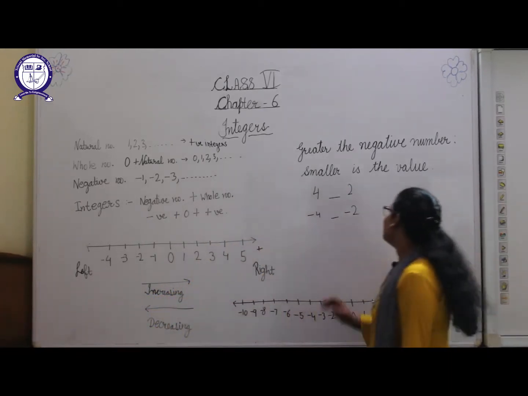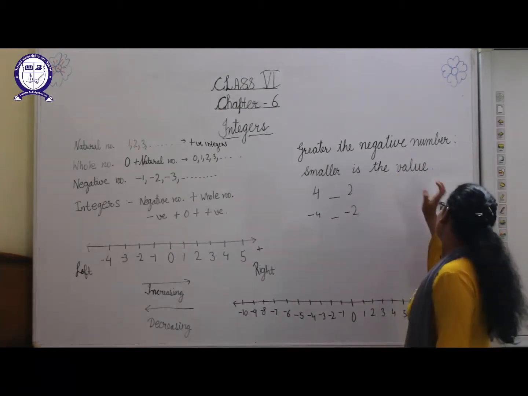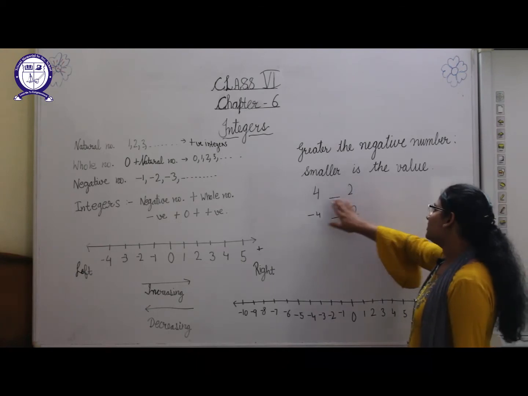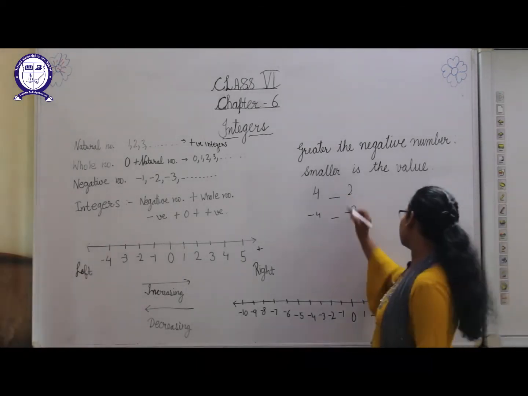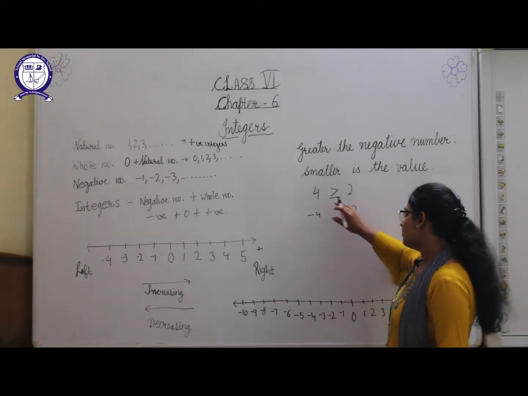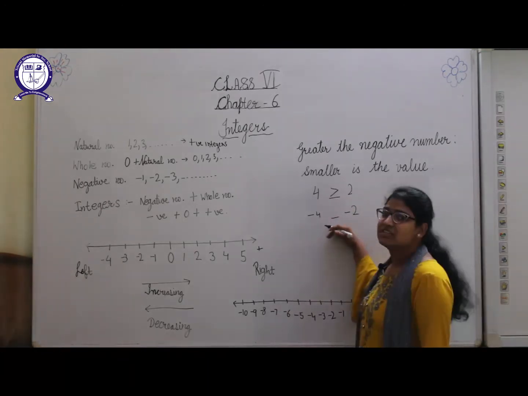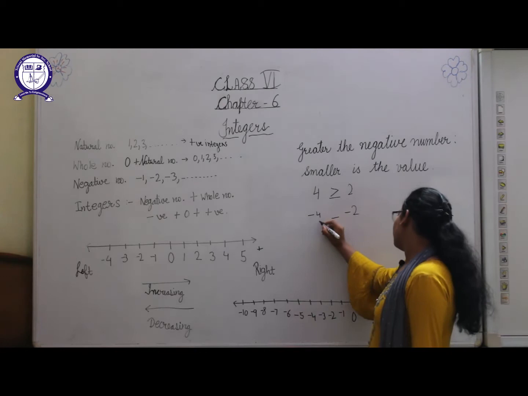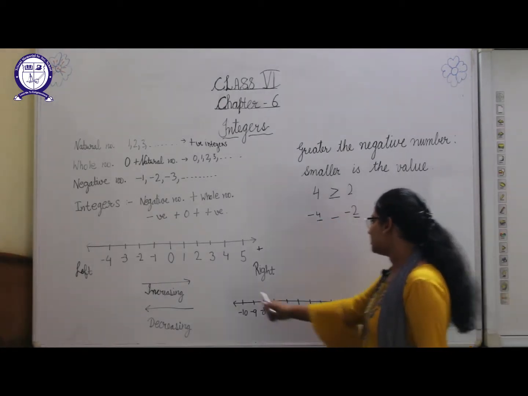Now, the greater the negative number, the smaller is the value. If we want to compare these two positive integers, you know how to compare them. Here 4 is greater and 2 is smaller, so we will put this sign. If we want to compare negative integers, whether minus 4 is greater or minus 2 is greater, we will see on the number line.